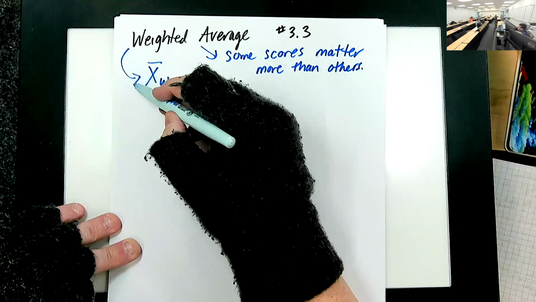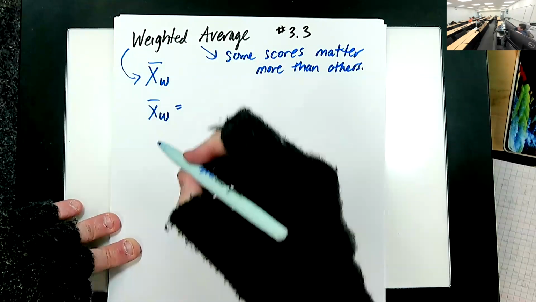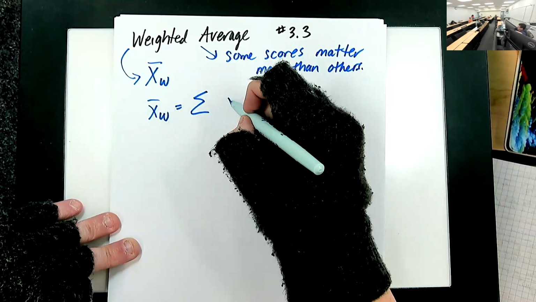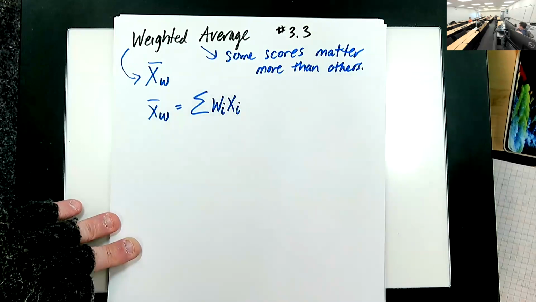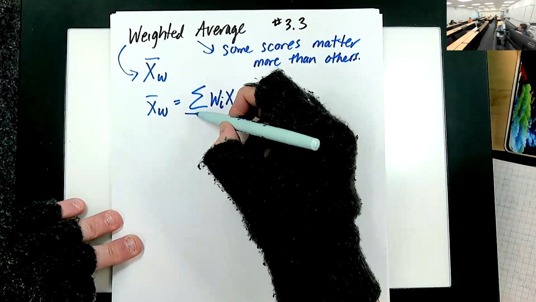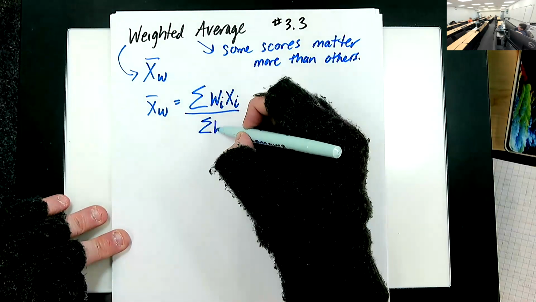The formula is the summation, we've got that XI thing, but each of these is multiplied by their weights. And then rather than dividing by n, we are dividing by the sum of the weights.